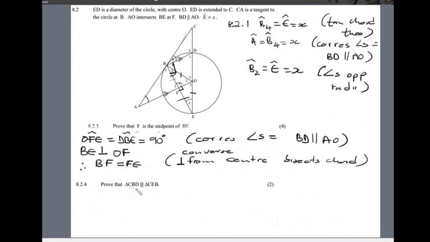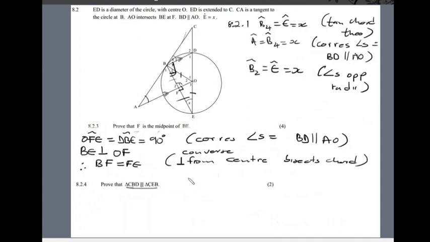So looking at this I can tell that the sides that are in proportion are CB and CE, BD and EB, versus CD and CB.